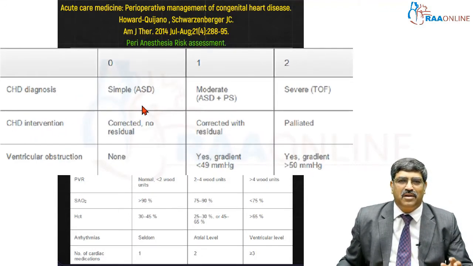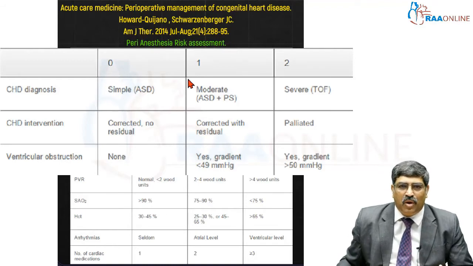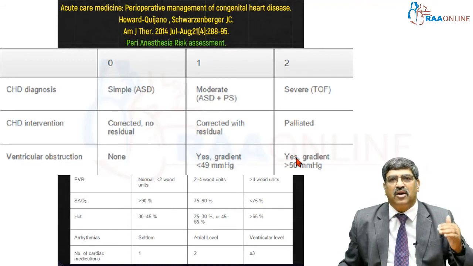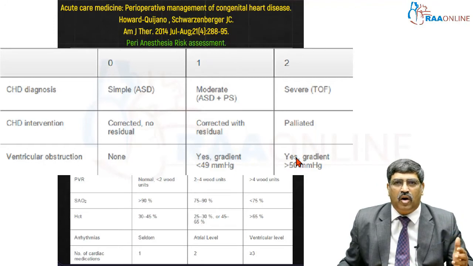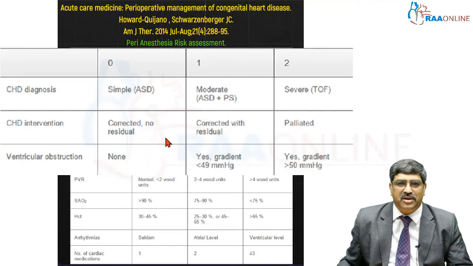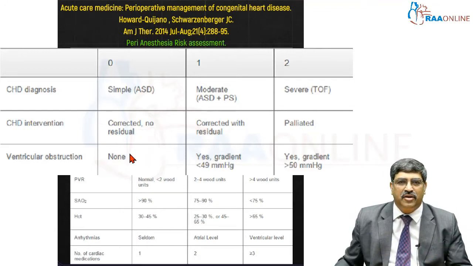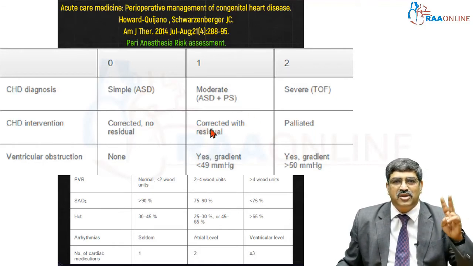A simple ASD has 0 points. A moderate lesion will have 1 point and severe, like a complex tetralogy of Fallot or transposition of great arteries, will have 2 points. Coming to the intervention, when the patient has undergone surgery and is fully corrected and there is no residual, it is 0. Corrected with residual, it is 1 point.